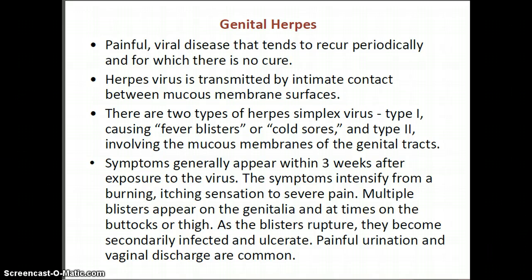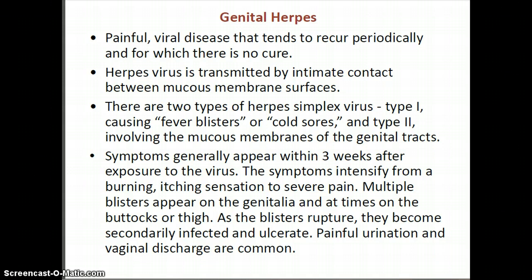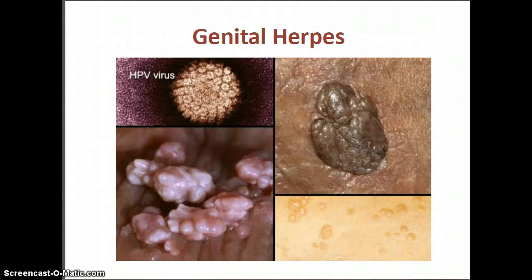And as you can see, symptoms appear within 3 weeks after exposure to the virus. Multiple blisters appear, and again, this is highly contagious. This is what some of the lesions may look like, and in your upper left, a large electron microscopy of the virus.